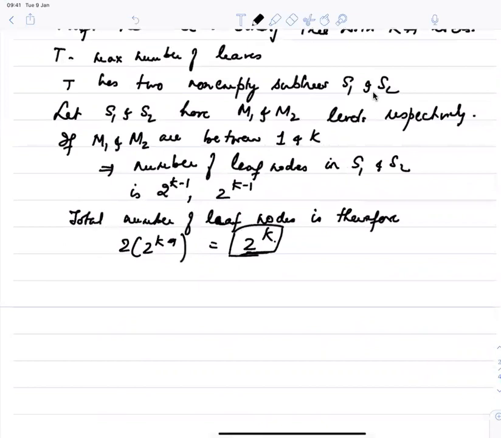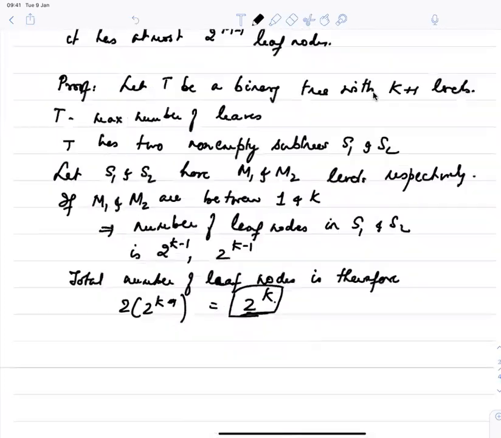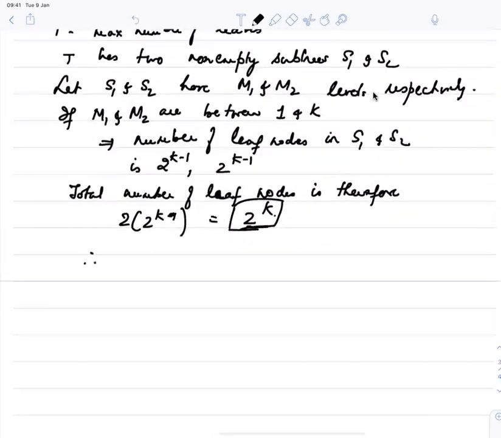And this is 2 to the power of k. Therefore, applying the induction hypothesis, we have k plus 1 belongs to S. Therefore, S over here is 1 and all positive integers. So the depth or the level of the tree is between 1 and infinity. Okay.